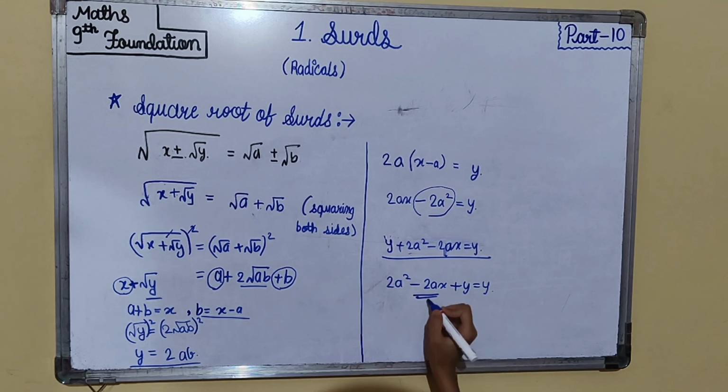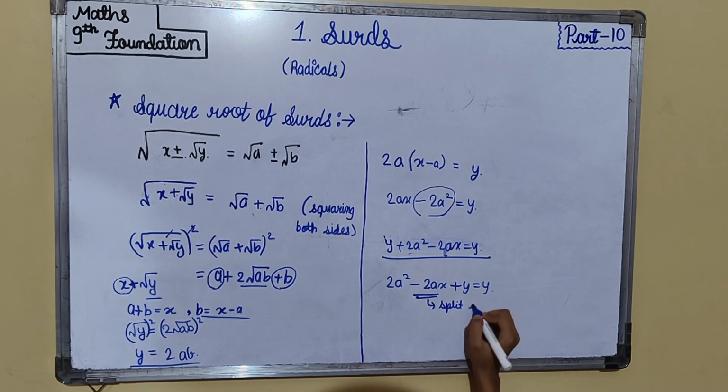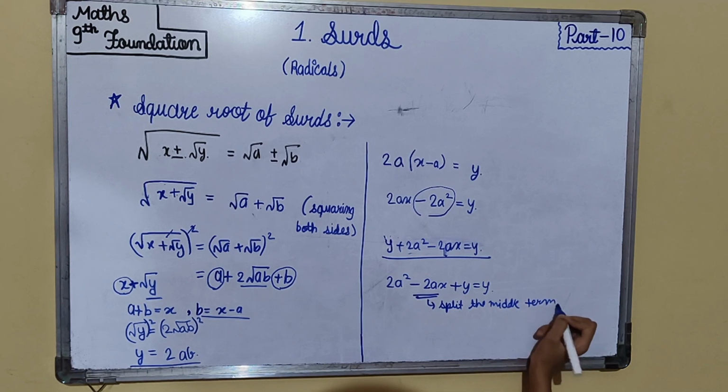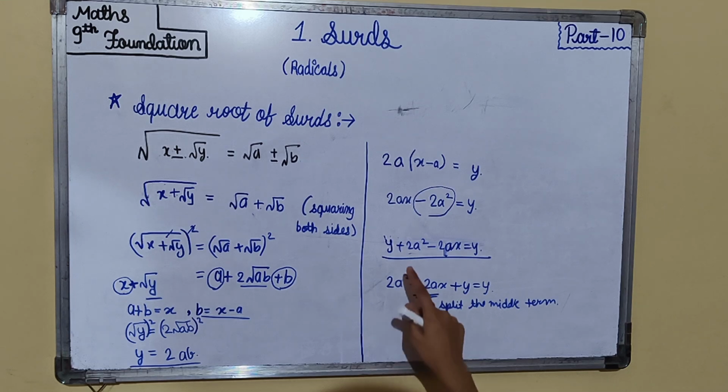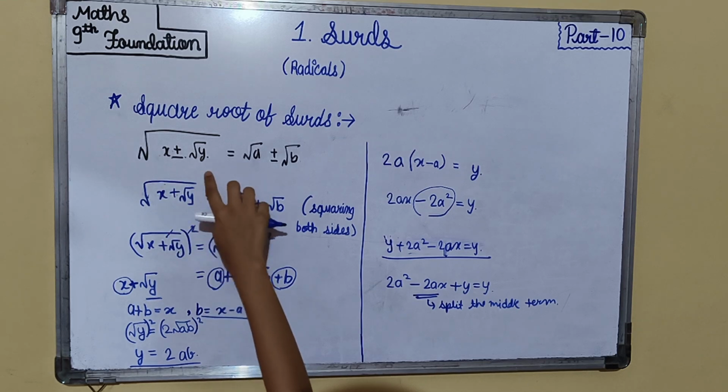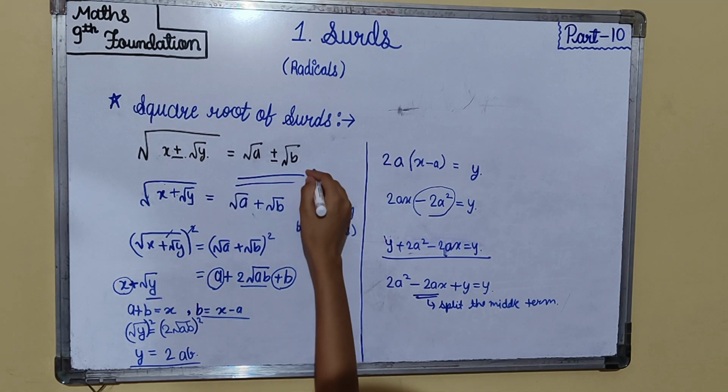Now afterwards we'll split the middle term, and then we have to solve, and finally we'll get one or two solutions of the question. We'll get solutions for the number a. So we have to put that in the form of this question, nothing else.